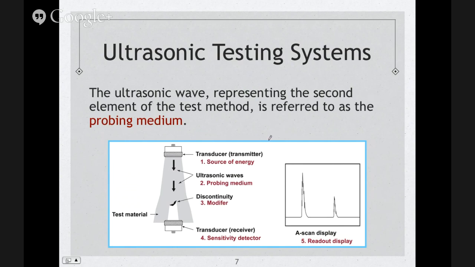Maybe they did a blend out because there was a little corrosion here, so they sanded a little bit. Then you put your ultrasonic probe here to see what that thickness is versus the original thickness, the original being from wall to wall, and this one being from wall to the new wall created by that blend out. So our probing medium is going to be our ultrasonic waves.